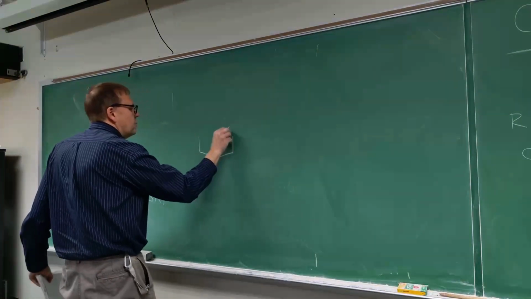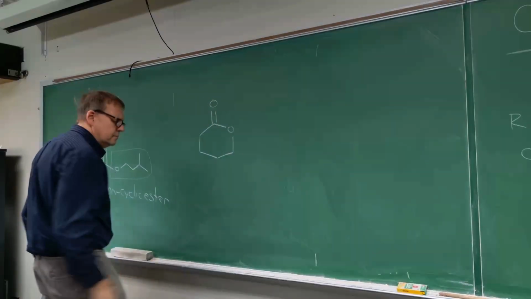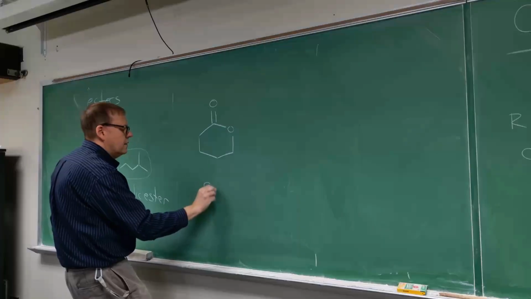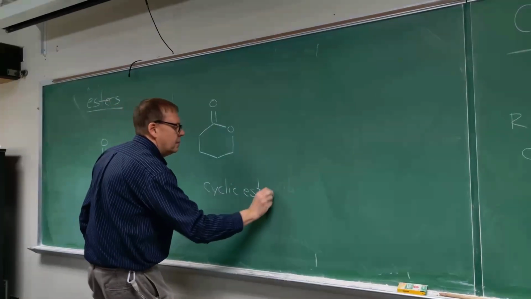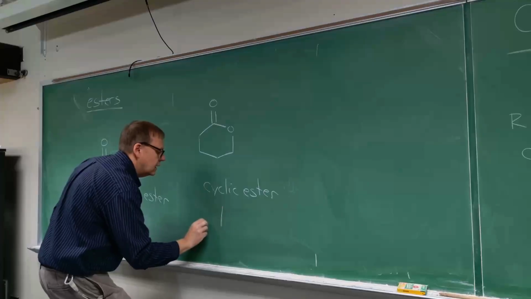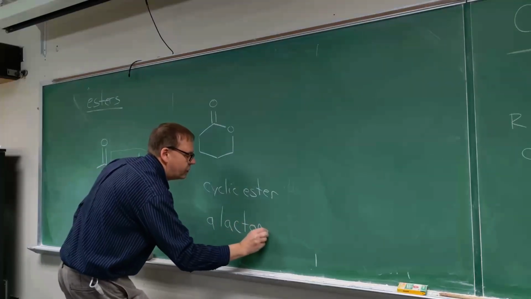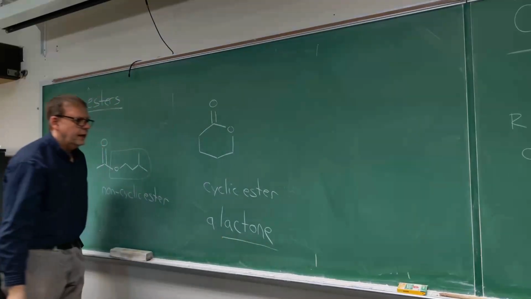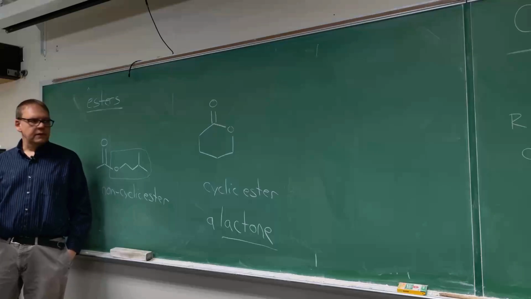So here's an example of an ester that is within a ring. This is a cyclic ester, and they have special names. This is called a lactone. And that's just the name that we give to esters that are cyclic.